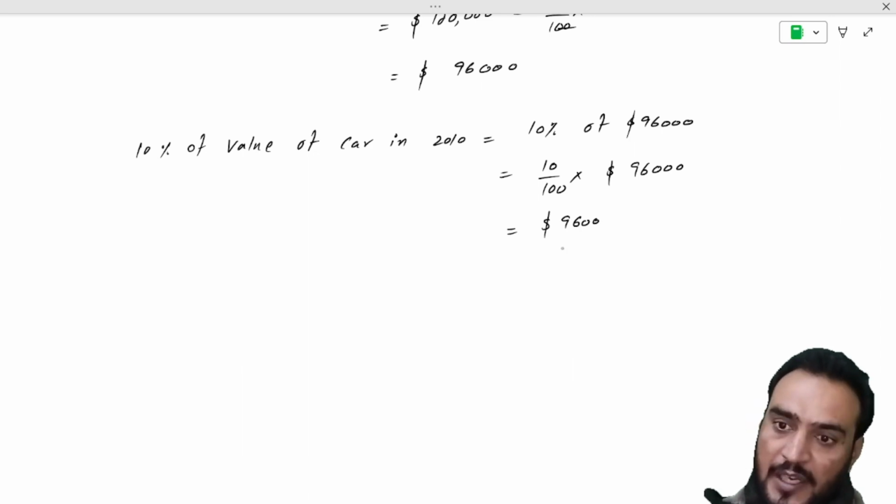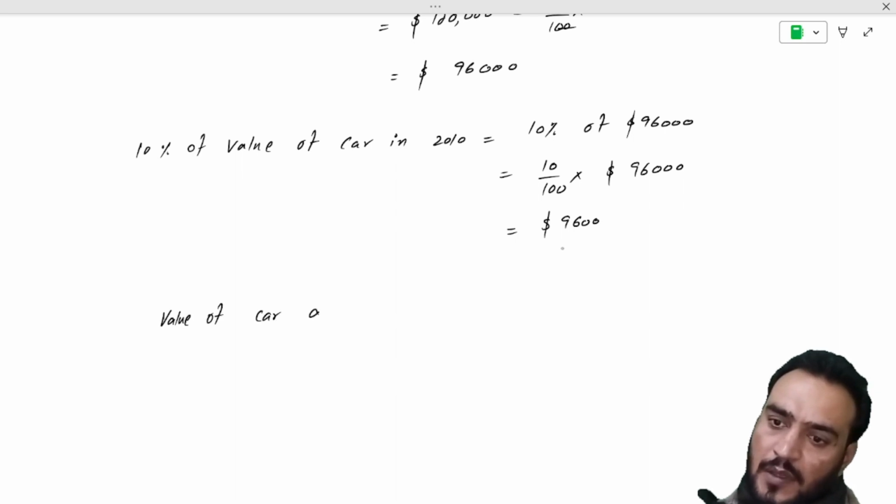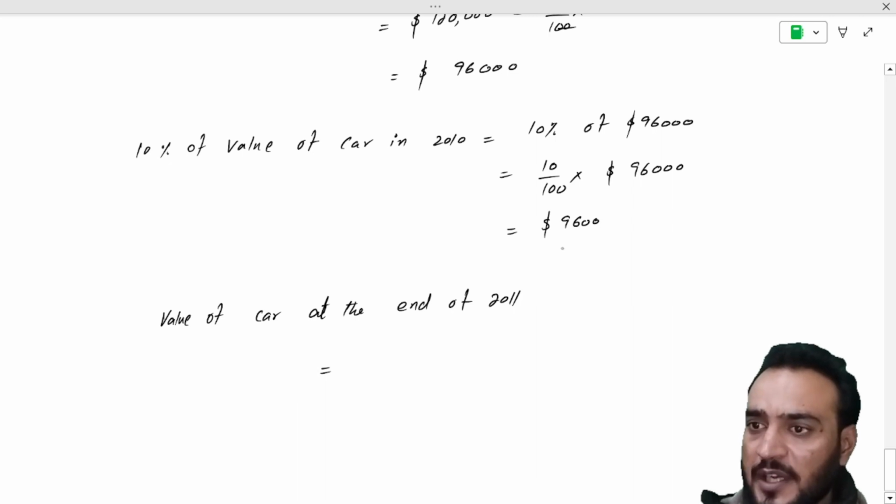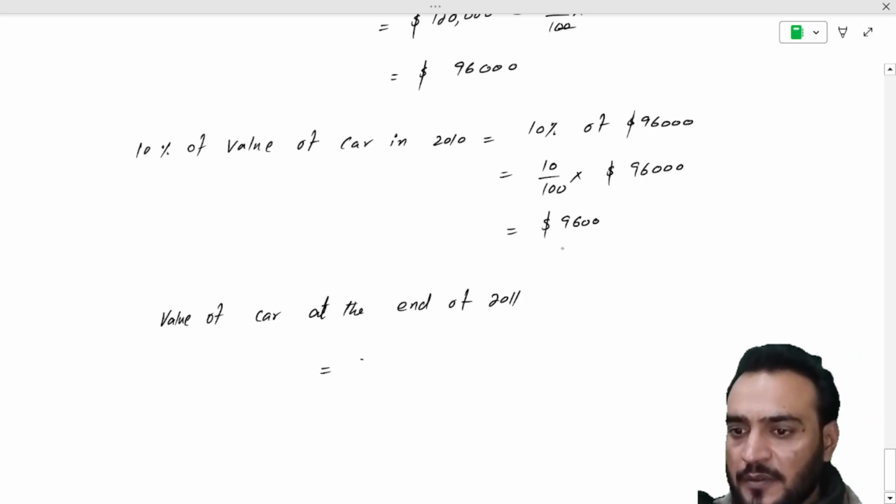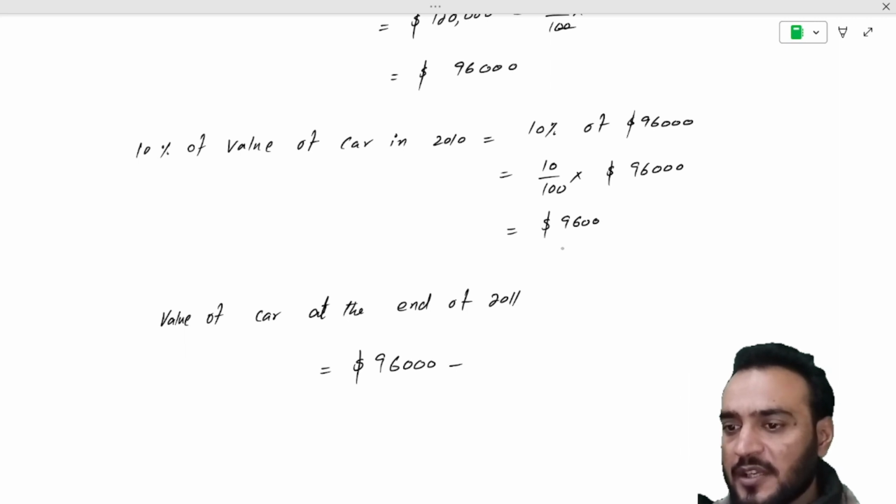Now the value of car at the end of 2011 is equal to its value, $96,000 in 2010, minus the decreased value, $9,600.